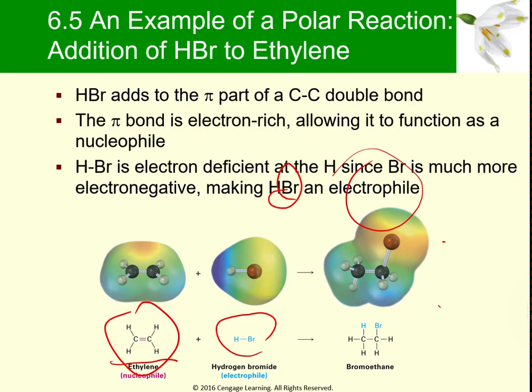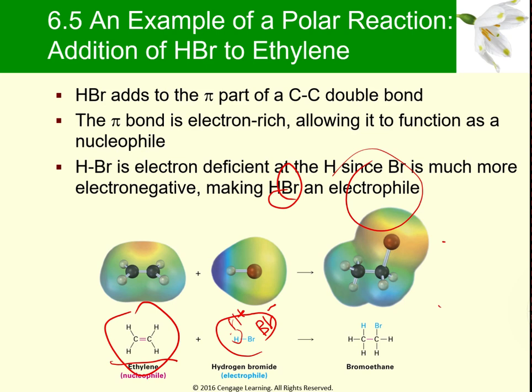The reason HBr is an electrophile is because you can easily break it. That's the heterolytic process, okay? And generate H as H plus. It leaves Br as a Br minus.